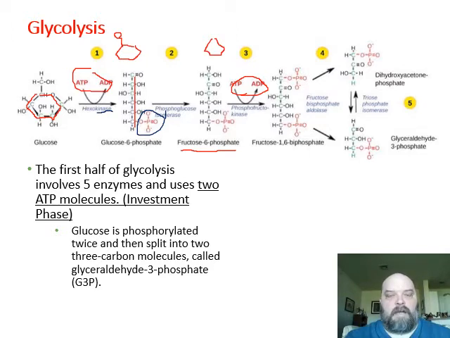A 5-sided carbon ring with 2 carbons popping off of it. It's hard to see here when it's drawn as a 6-chain thing.